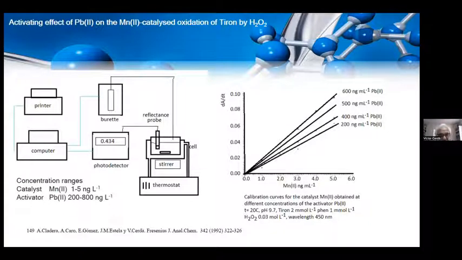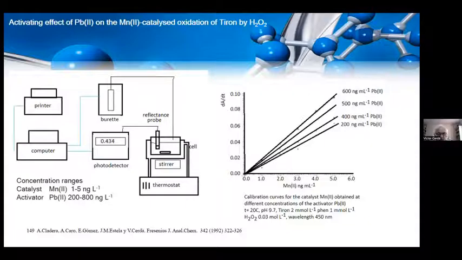Another example is an inhibitor; we have used lead-2 as activator. Manganese-2 is a catalyzer of the oxidation of tyrol, an organic compound, by hydrogen peroxide. What we do is we make the reaction using a reflectance probe with a burette.